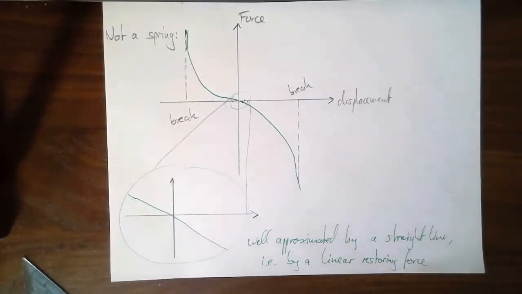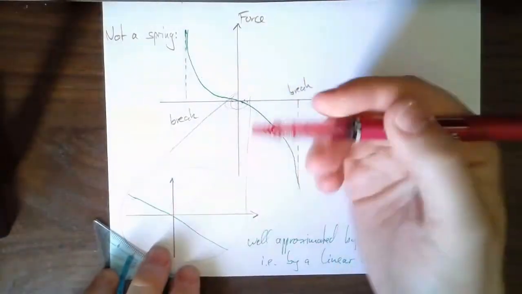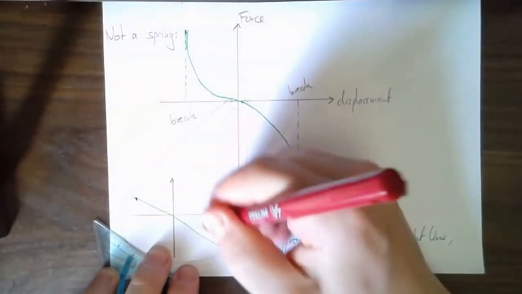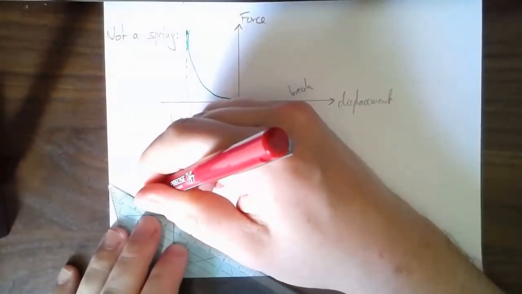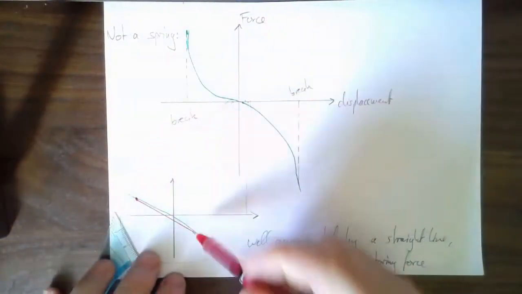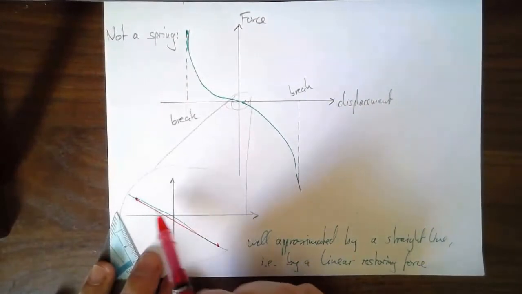Now, how would you actually find the spring constant in that case? Well, you just take this graph here, and you take this point here, and this point here, say, and you literally draw a straight line. Now, it's already drawn in such a way that they're essentially identical.